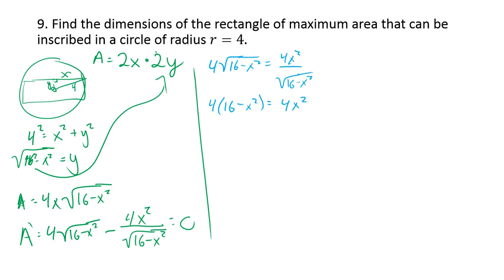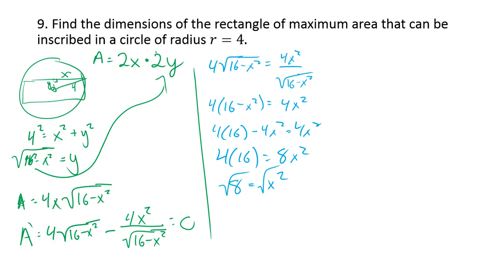Multiply this through, getting us 4 times 16 minus 4x squared is equal to 4x squared. Add, and 4 times 16 is equal to 8x squared. Divide, getting us 8 is equal to x squared. So we take the square root, giving us x is equal to 2 root 2.